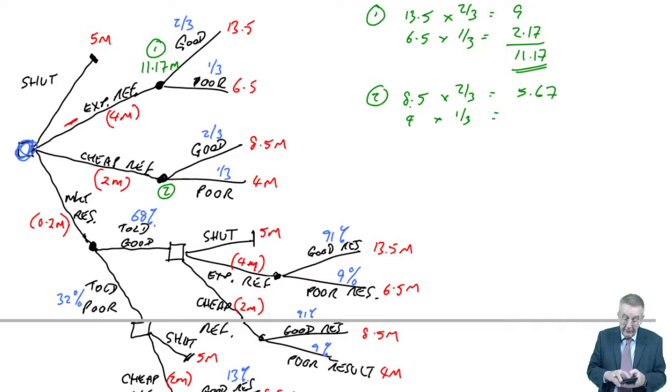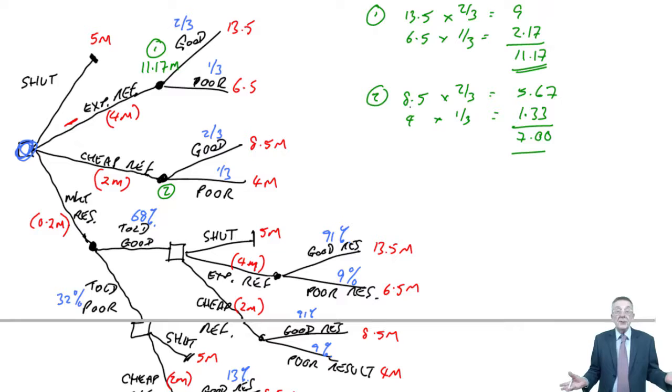Let me check that, 8.5 times 2/3. Yeah, 5.67, or 4 times a third, 1.33. An expected 7. It's the same expected value calculations. I'm not going to repeat all the logic of that again. But it does mean that if we choose cheap, we will pay out 2, and we'll get back an expected 7. So a net 5 million, 7 minus 2.